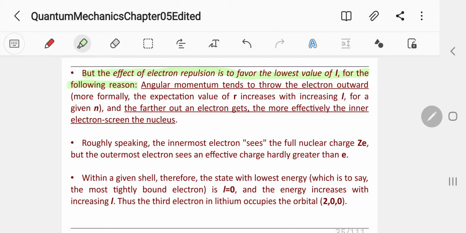Within a given shell, therefore, the state with lowest energy is l equals 0, and the energy increases with increasing l. Thus, the third electron in lithium occupies the orbital 2, 0, 0.